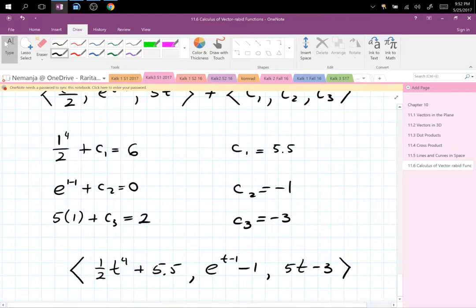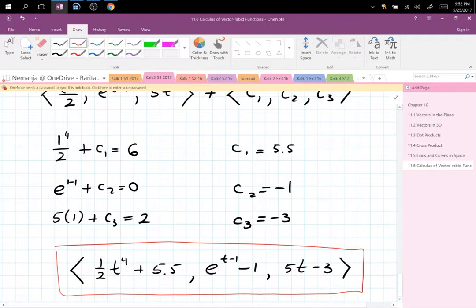And that's the answer. So we were able to determine C1, C2, C3 for an indefinite integral, and all I did is Calc 1 all over again, except we had 3 separate calculations for each one of the components. Ta-da!